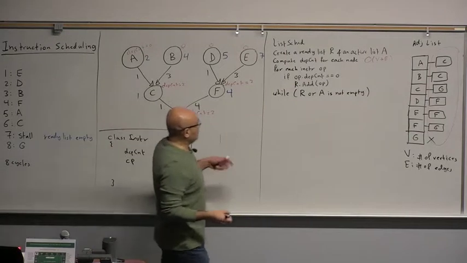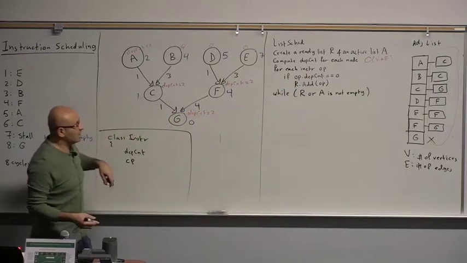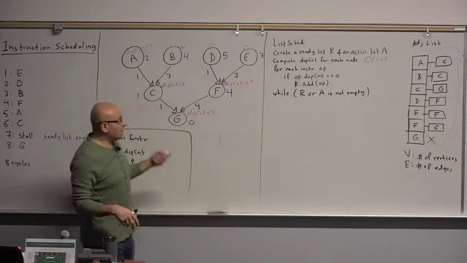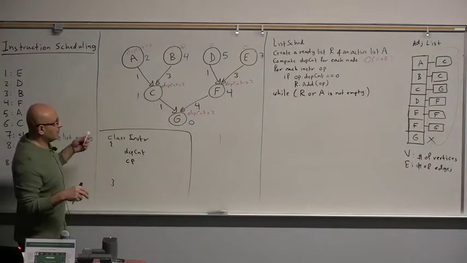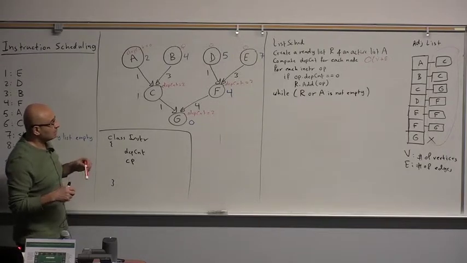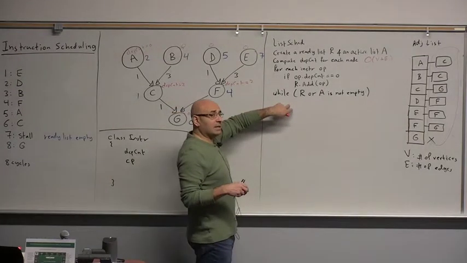Here, I'm using indentation to indicate what's inside the loop. So I'm not going to use braces. I will use indentation to indicate what's inside the loop, which is typical pseudocode convention.